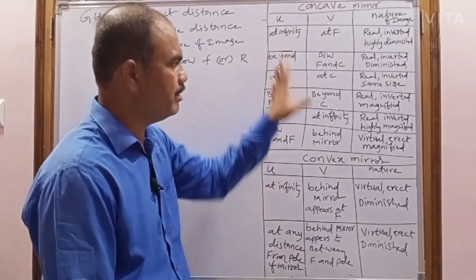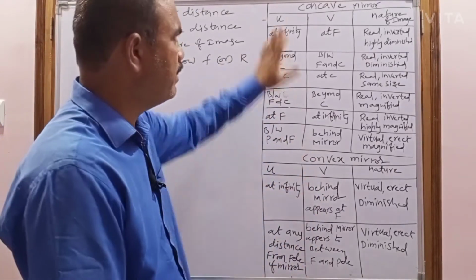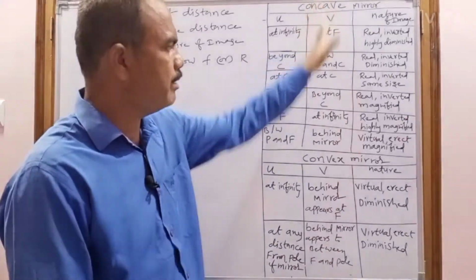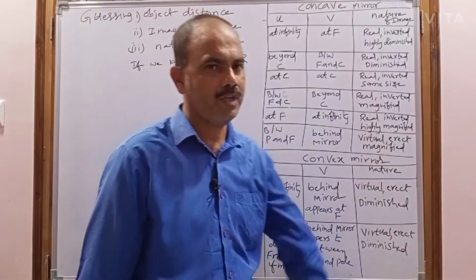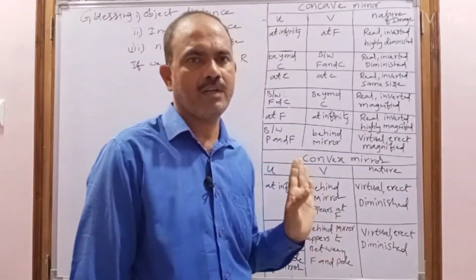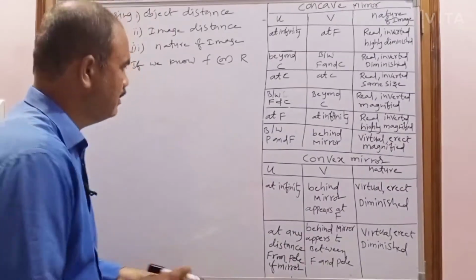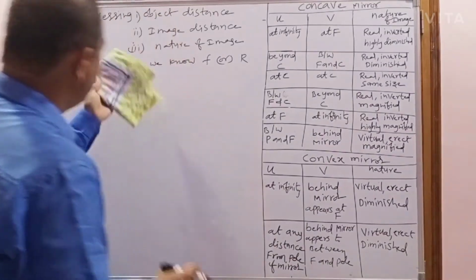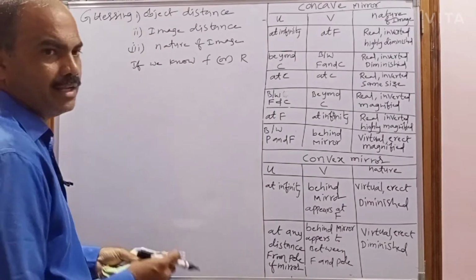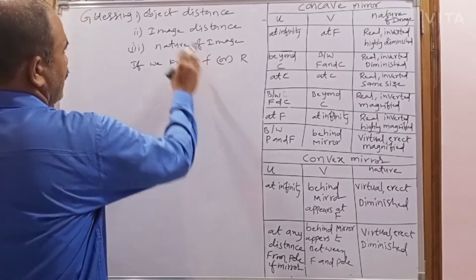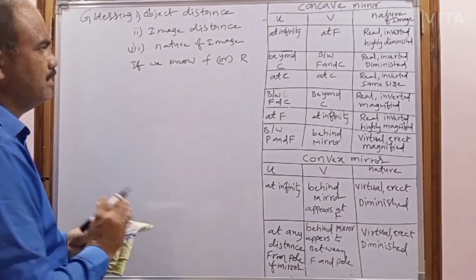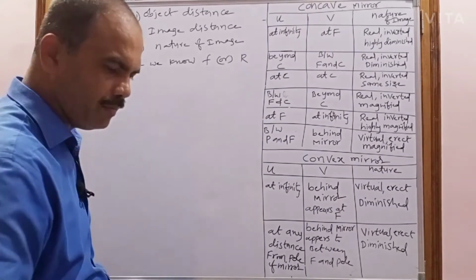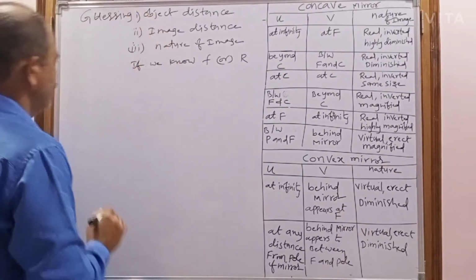So remember, these are very important. For different object distances, where the image is formed and which type of image is formed, you have to know perfectly, otherwise you can't guess. So now we come to guessing the image distance and nature of image if you know the focal length and object distance. For example, the question will be given like this.